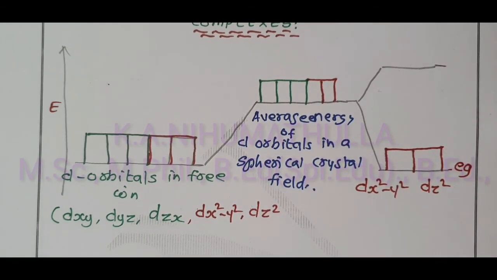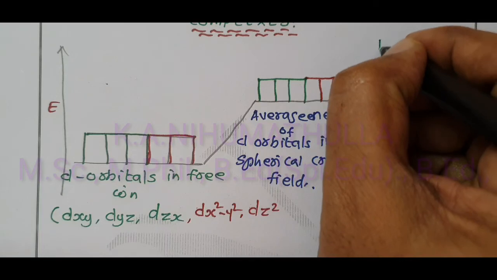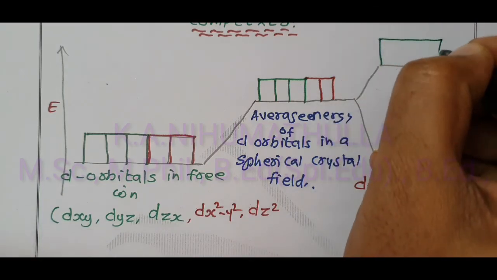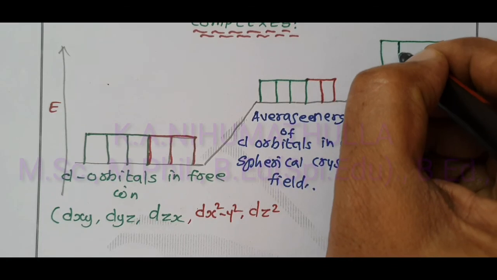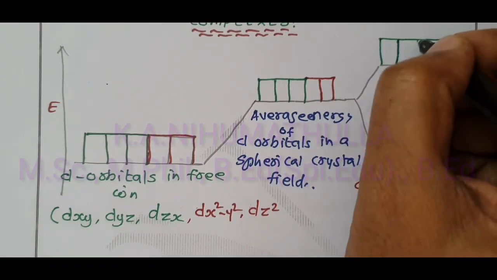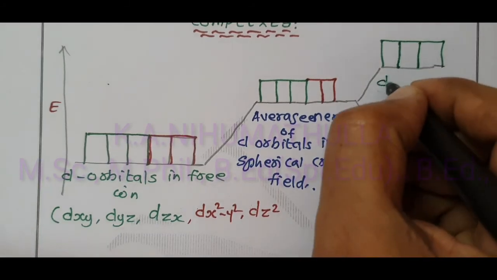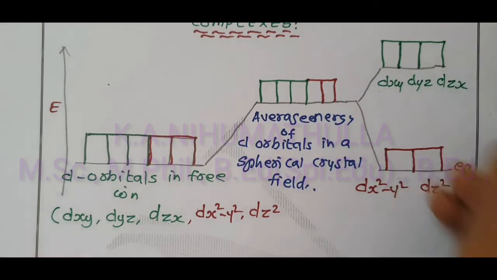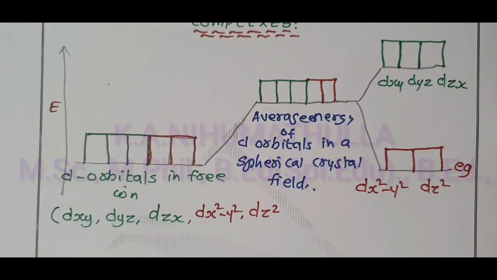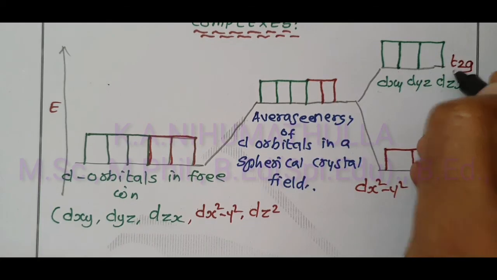Two orbitals having the same energy, doubly degenerate level. And the other three orbitals, dxy, dyz, dzx, are pointing close to the direction in which the ligands are approaching, and this orbital level is called the T2g level.